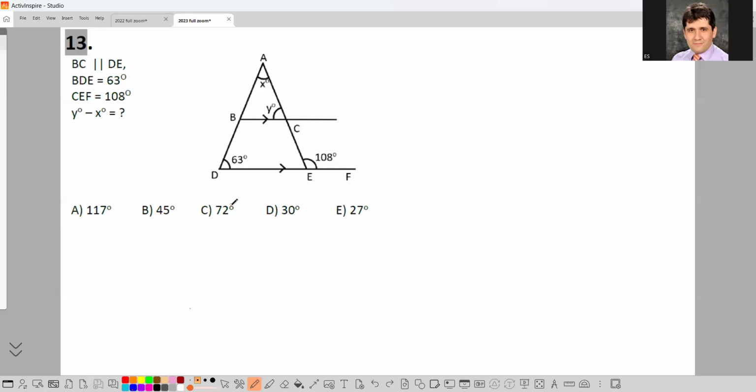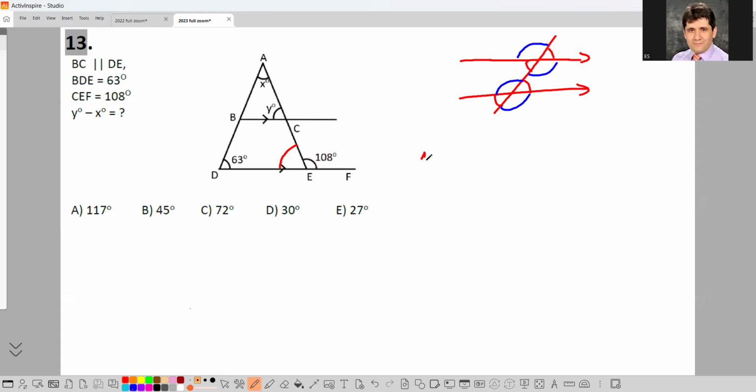Now, some geometry. There are some important facts in geometry. If you have two parallel lines, they form transversal angles. So these red angles are all equal in measurement, and these blue angles are all equal in transversals. If you want to solve it faster, this angle is 180 minus 108.